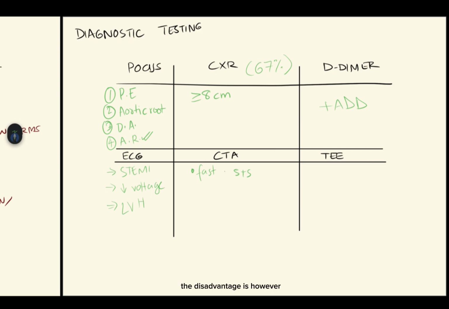The disadvantage is, however, obviously the radiation exposure to the patient, contrast exposure to the patient, particularly if they have got any contrast allergy, or if they have renal failure, or if the patient is too obese to fit into the scanner. That's where transesophageal echo comes in place, because it is portable.